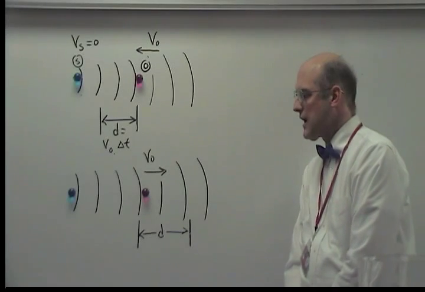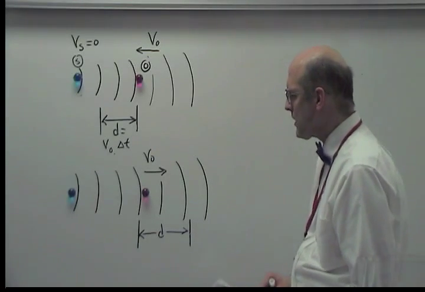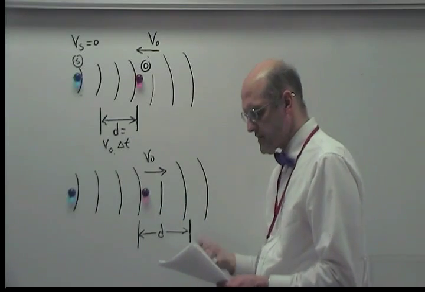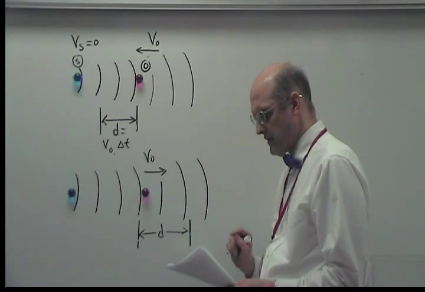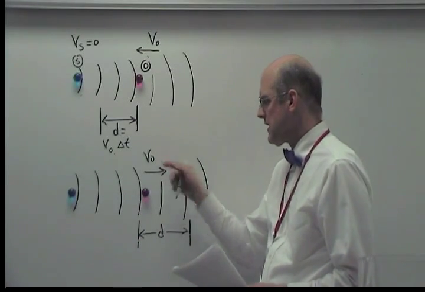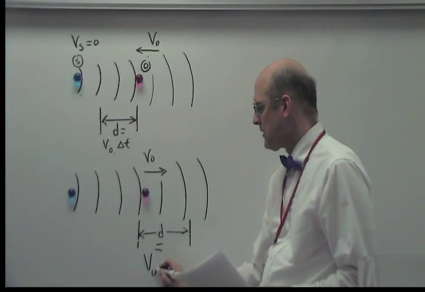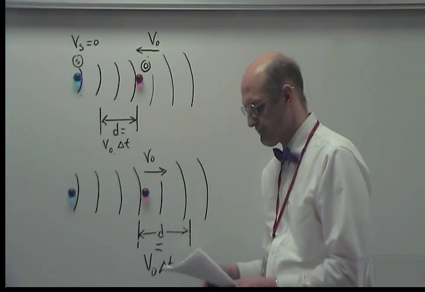Now let's take a look at the case where the observer is moving away from the source. So, in a certain time t, the observer moves a distance d, which is given by the speed of the observer multiplied by the time.